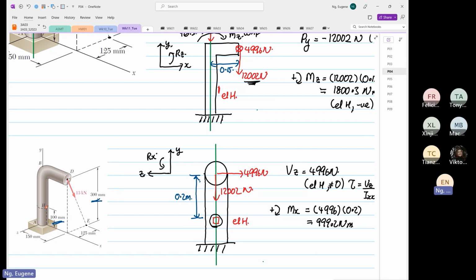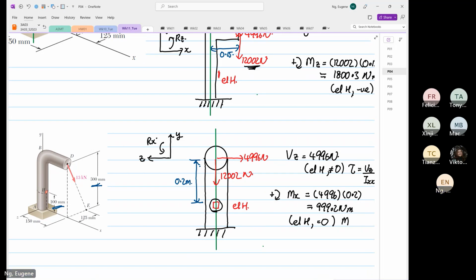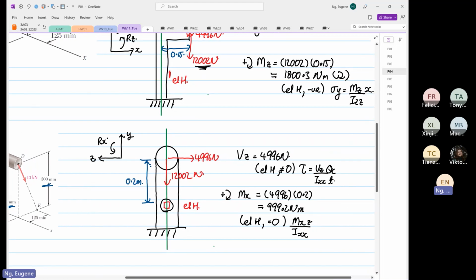And what we know is that we are exactly at the centroid. So element H is equal to 0 and Y is equal to 0. If we apply moment about X over Ixx multiplied by the Z distance, the whole thing will be equal to what?